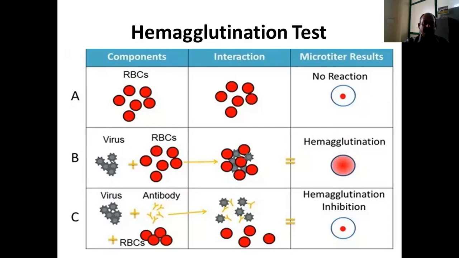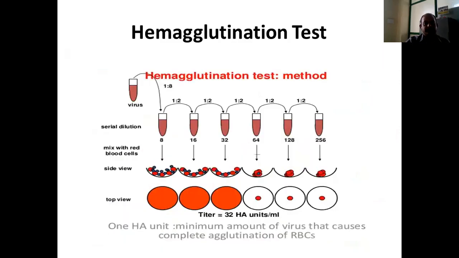While if we add antibody to this suspension of virus and then add RBCs, these antibodies will go and mask the antigen, and hence the hemagglutinin spike present on the virus will not be able to agglutinate RBCs. Hence there is no agglutination, and there is formation of a button at the bottom of the well of the plate.